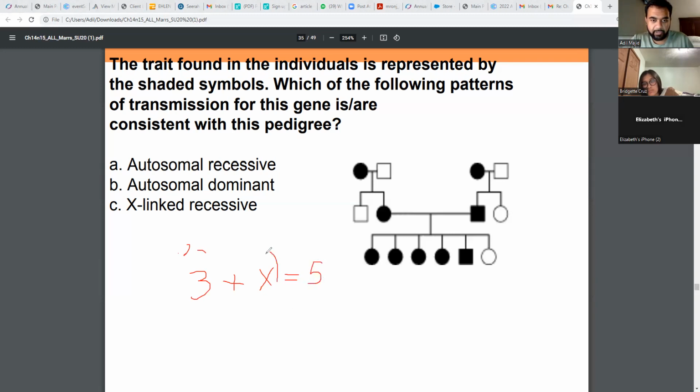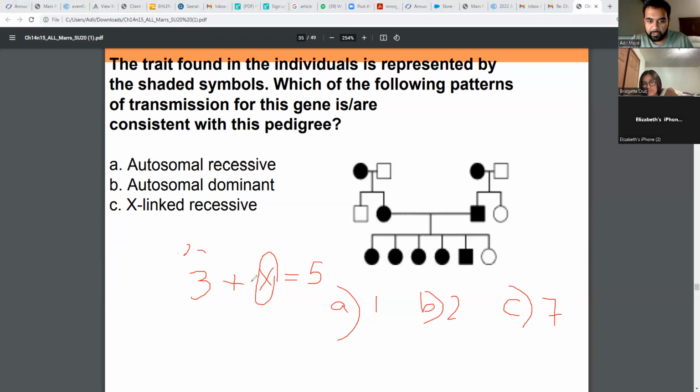And now they're saying, figure out what x is. And then I have multiple choices. A is x equals 1, B is x equals 2, C is x equals 7.